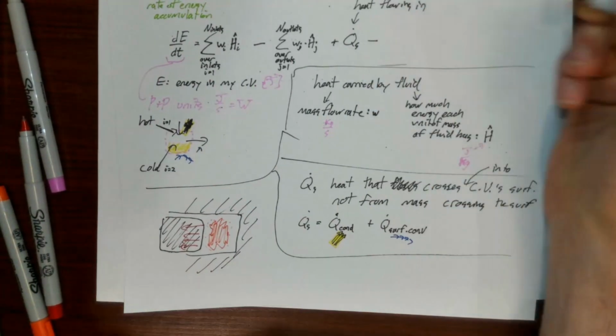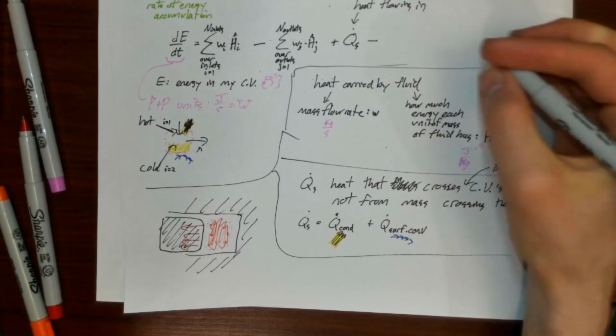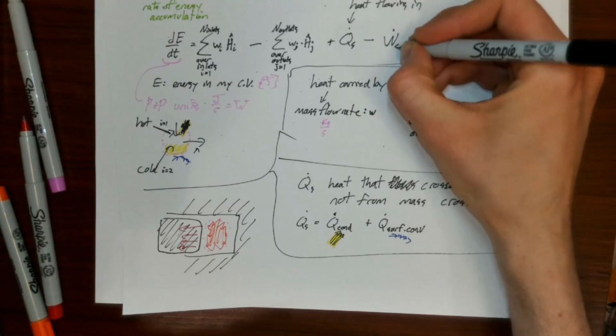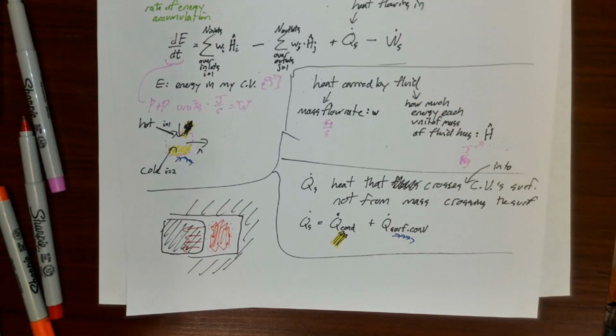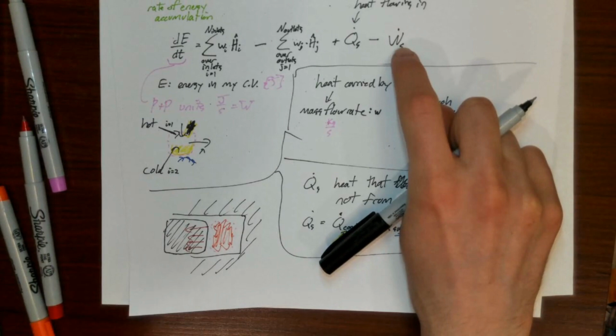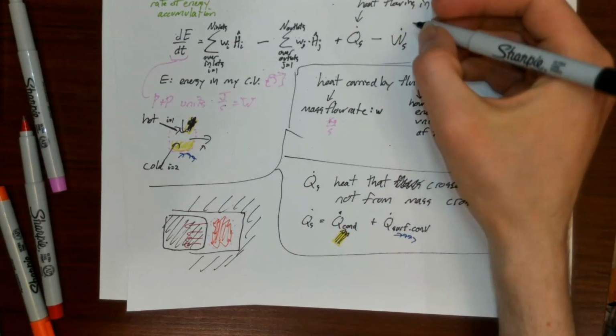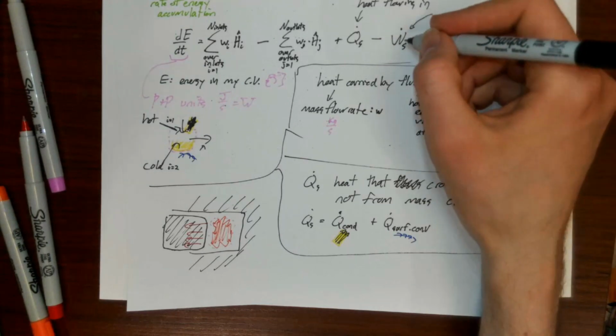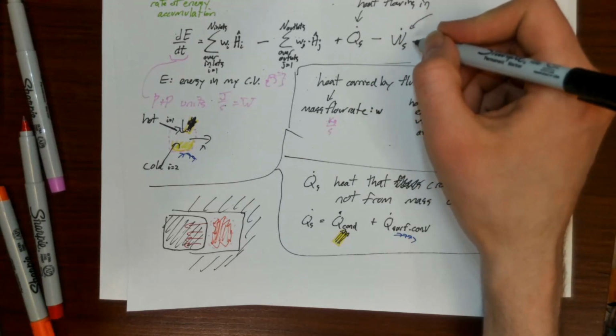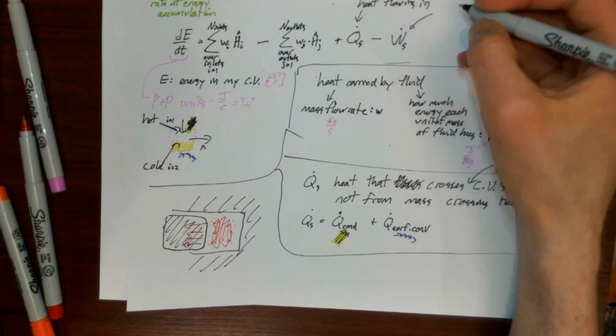So I could include another term here that is like my W dot S, which might look a little bit familiar. We could call this shaft work, or basically work that our CV does on the surroundings.